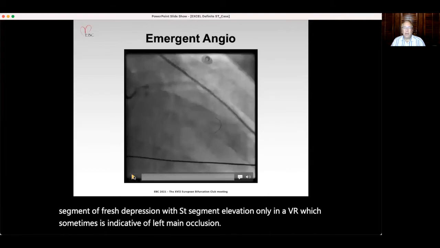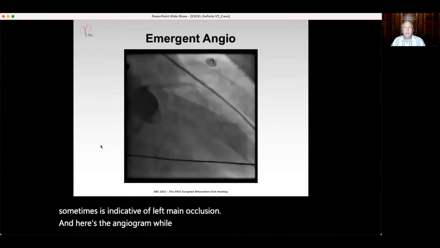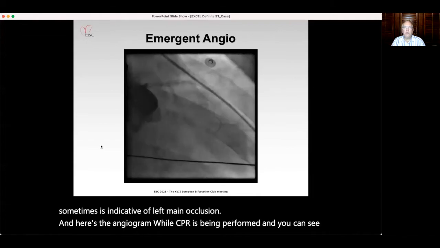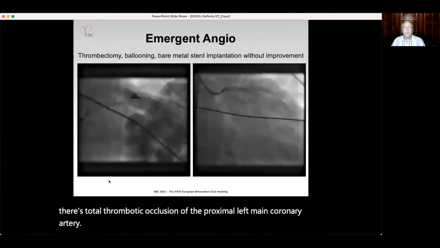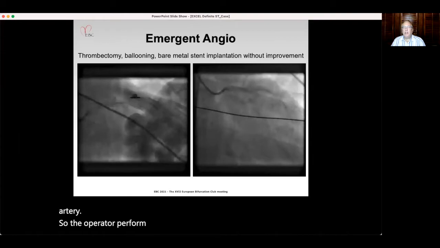And here's the angiogram while CPR is being performed. And you can see there's total thrombotic occlusion of the proximal left main coronary artery. So the operator performed thrombectomy, ballooning, placed additional bare metal stents, all without improvement.